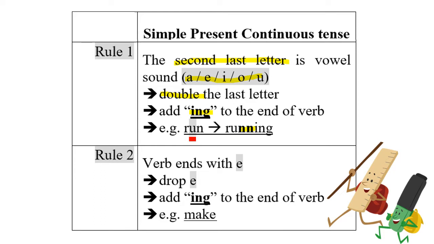When the verb ends with E, then we have to drop E and add ing to the end of verb. For example, how to spell making? Correct. The spelling of making is M-A-K-I-N-G, because we have to drop the E and add ing.